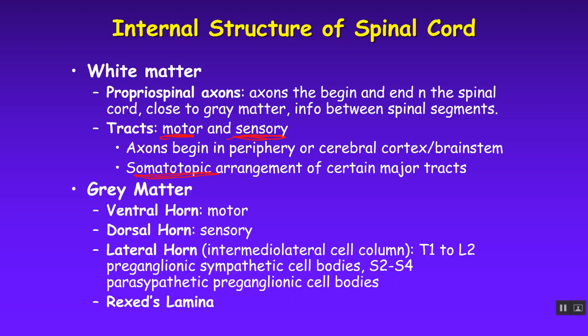Those preganglionic cell bodies sit in that lateral horn. It's also called the intermediolateral cell column, another term used for that, T1 to L2. And then that shows up again in S2 to S4 segments for the parasympathetic cell bodies in the sacral region.